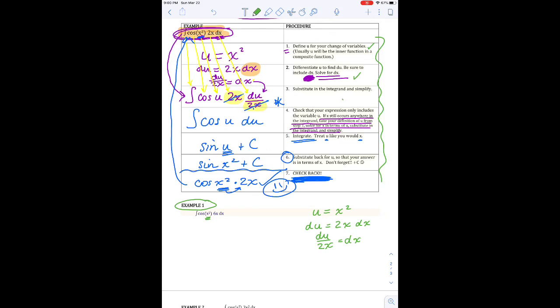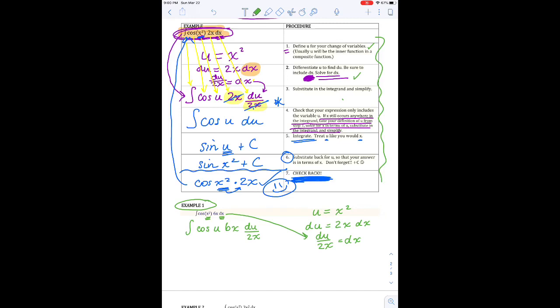Next step, I substitute into the integrand and simplify. So I take this original over here on the left, and I'm going to rewrite it. Integral of cosine, instead of x squared, I'm going to call it u. 6x sticks around. There's nothing to rewrite that for. And then dx is the other thing that I'm going to rewrite, and that's coming from over here, du over 2x.